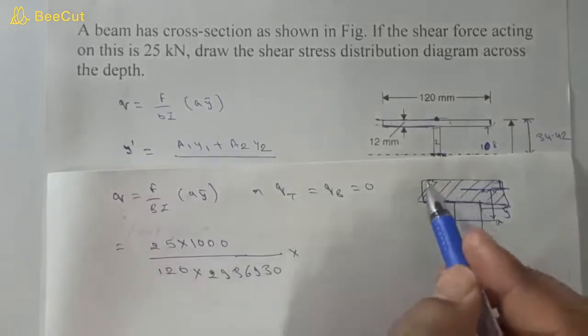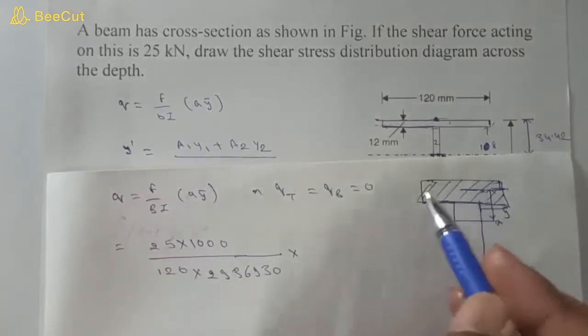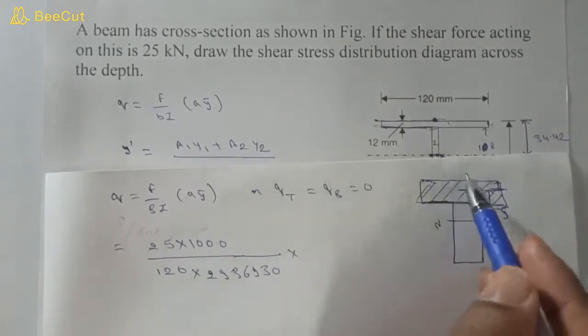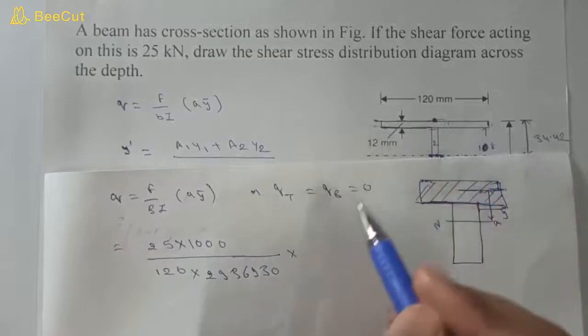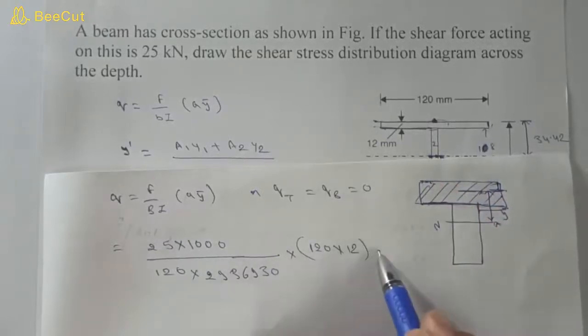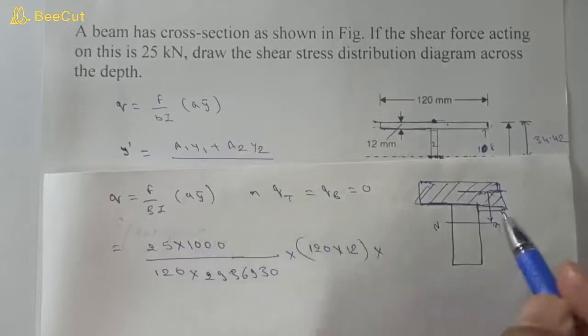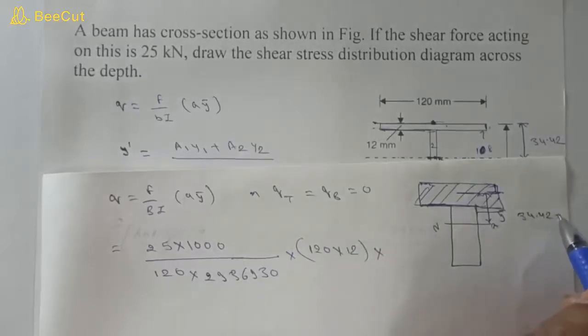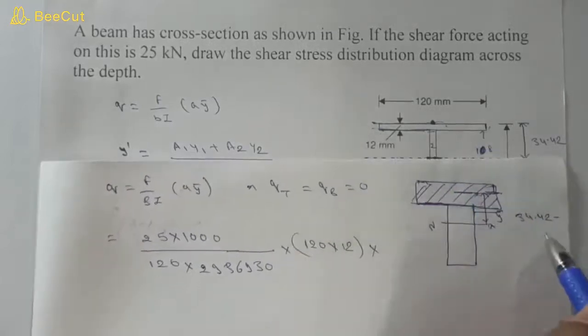So area is 120 into 12, since this is 120 and this is 12, into y bar, which is 34.42 minus half of this 6.